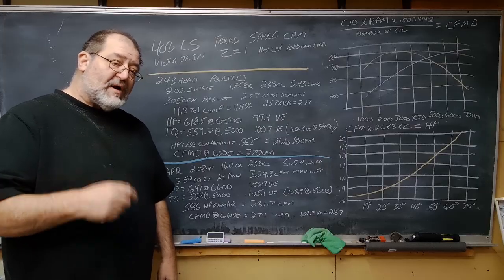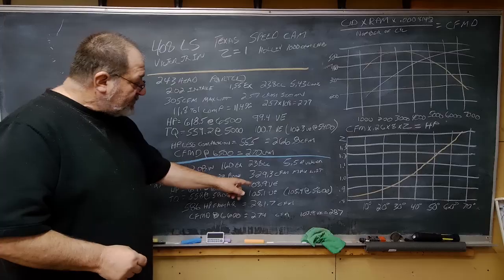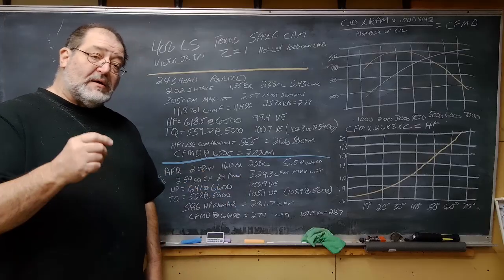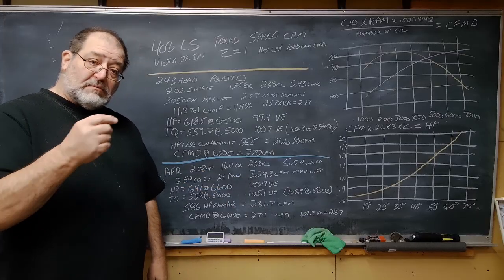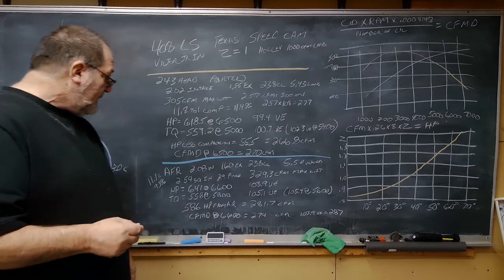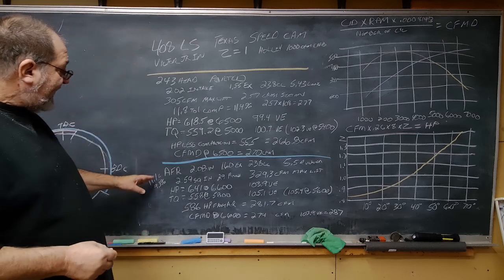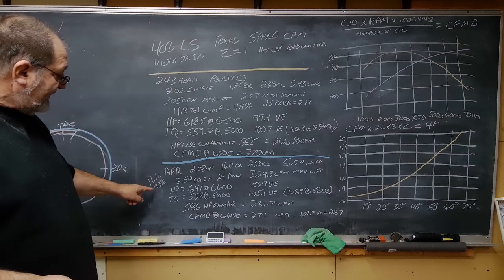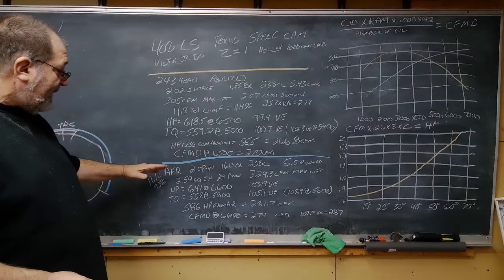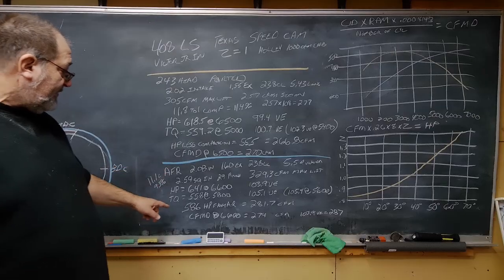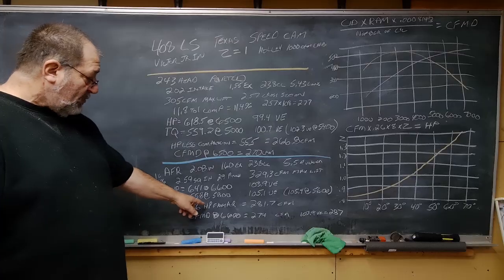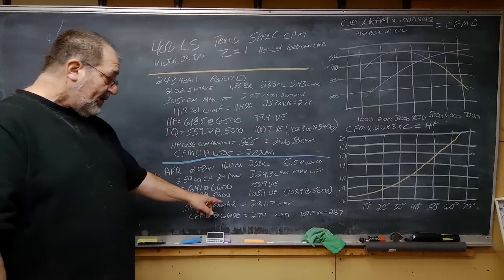Much better volumetric efficiency. But notice we're still in that 100% range, that zone. So if I take out this compression, which is only 9.3% of the power, that brings us to 586 horsepower from air.